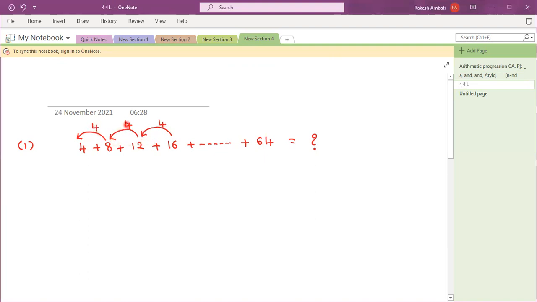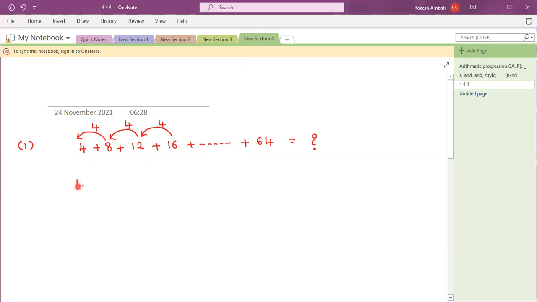Since the difference is the same, we can say that the given progression is in the form of arithmetic progression. So we have to find this summation.